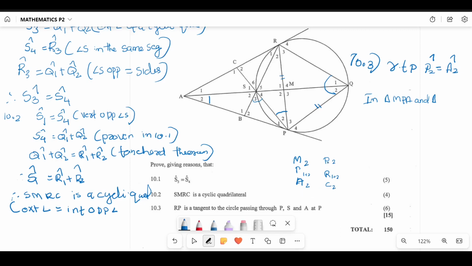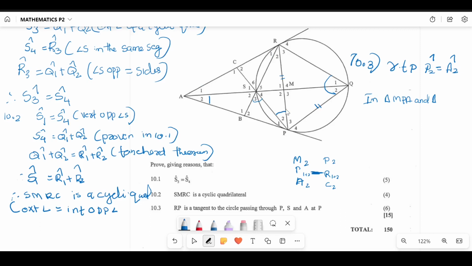So here you have A2 and P2. We already know that P1 plus P2 and R1 plus R2 are equal, because these are tangents from the same point, AR and AP.